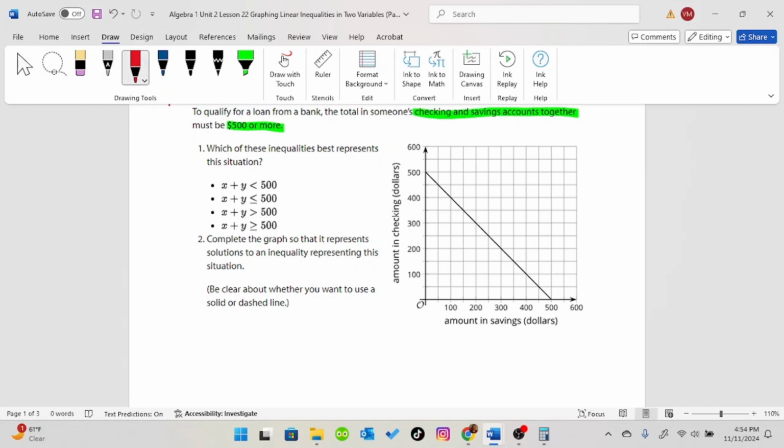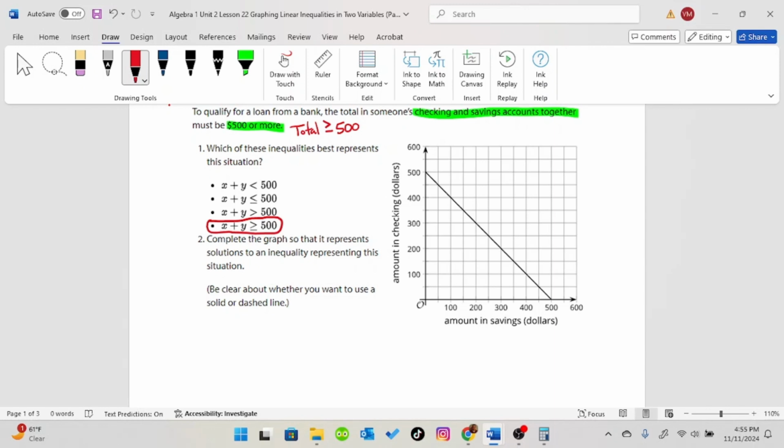If we see $500 or more, that means our total can be greater than 500 or equal to 500, but it could not be less than. So as we look through, the correct inequality is the bottom one. X plus y is greater than or equal to 500.